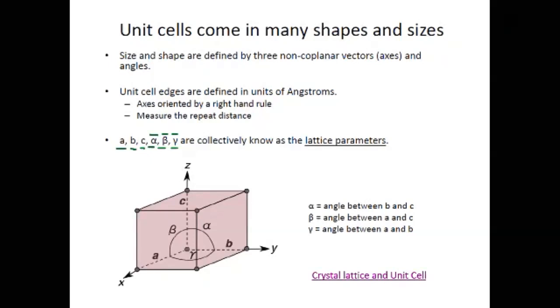Think of beta as B, and that tells you that the axes that make up beta are A and C. And then lastly we have gamma. Gamma we can think of as C, and so gamma is the angle between A and B. So that's an easy way to remember the different angles. Now, crystal systems are based on restrictions in lattice parameters.